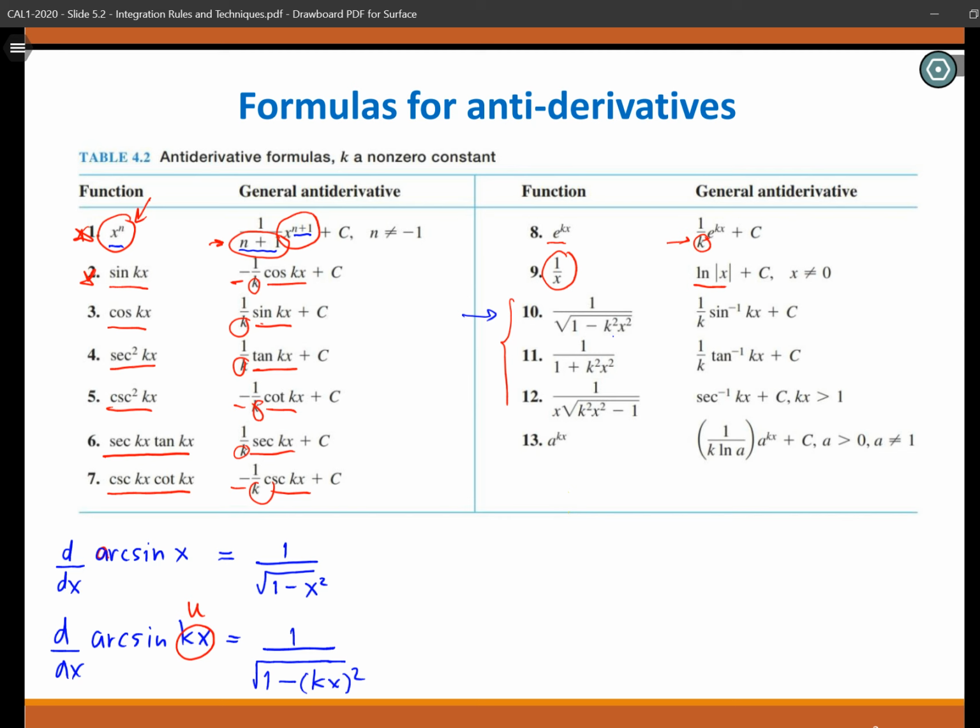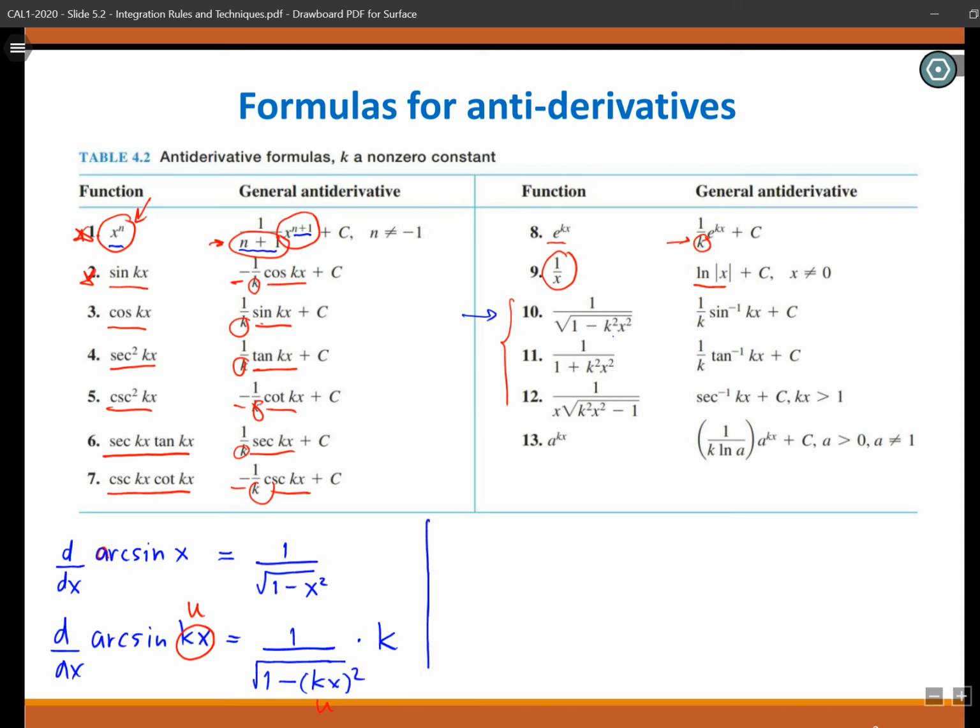So you diff that, u is going to appear down here, u squared, just like x squared up there. But then with this, you have to perform the chain rule to diff u again, and diff u with respect to x, you are going to get k out of that.